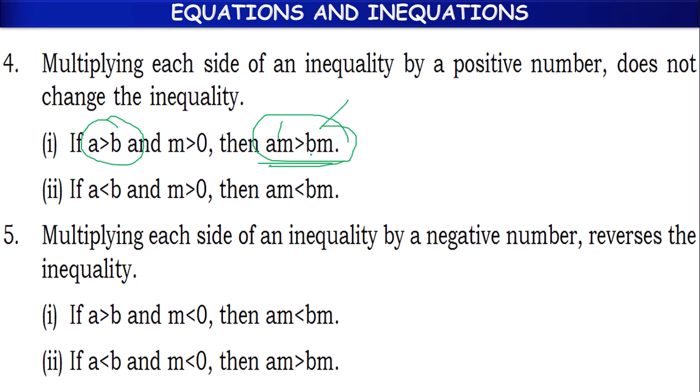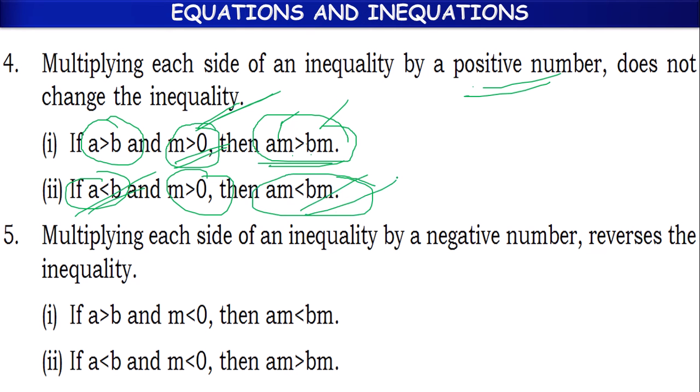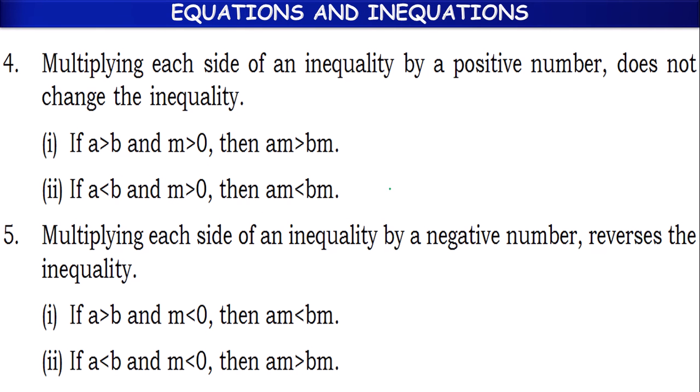With the same number we can multiply, but still the relation does not change. But the condition is M should be greater than 0. The value with which we are doing multiplication should be a positive number, not negative, not 0. It should compulsorily be a positive number. If the relation is less than, after multiplication also it will be less than. Next.